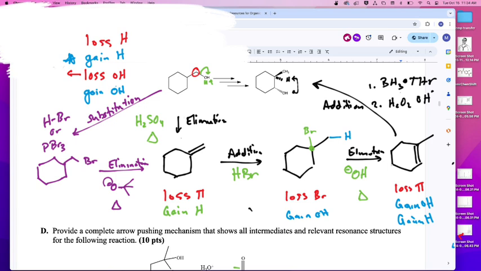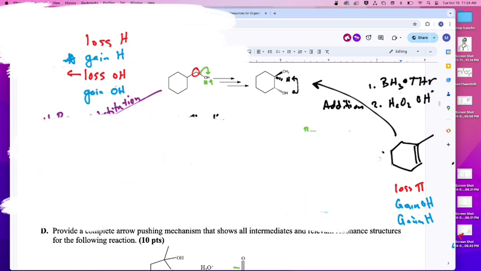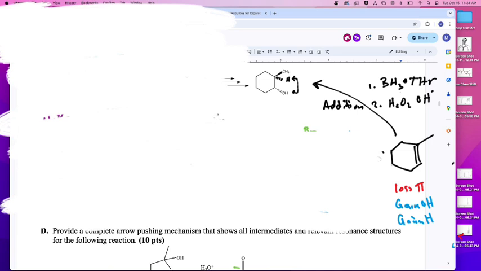So for the last one, you said what's the third? Are you adding the HgOAc? Because you have the BH3 and the H2O2, you said that's on opposite sides, not the same side. Look at your answer. Do you want them on the same side or on opposite sides? Opposite. What are you adding when you use the BH3 and the THF?